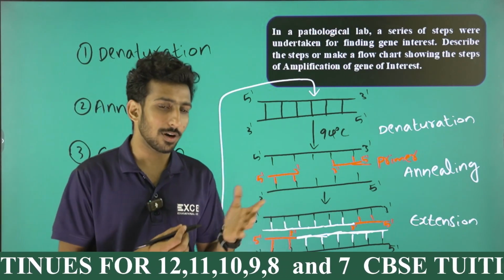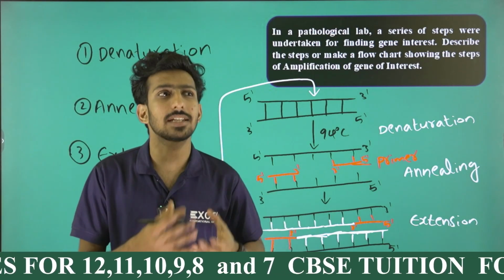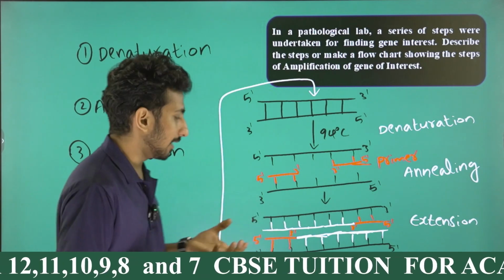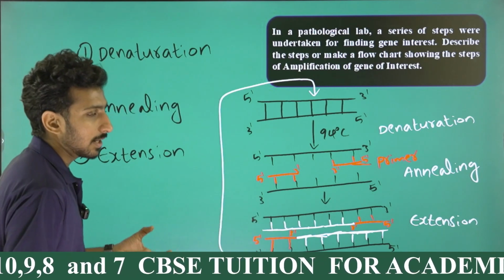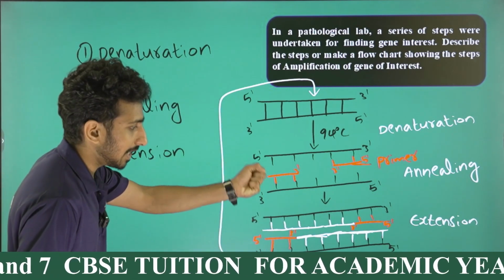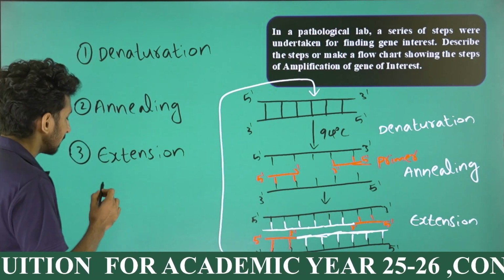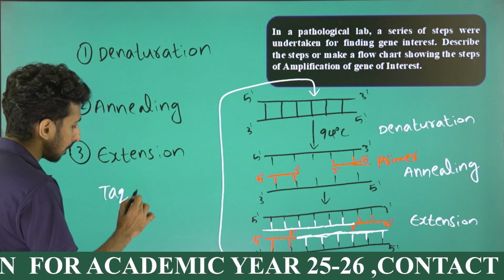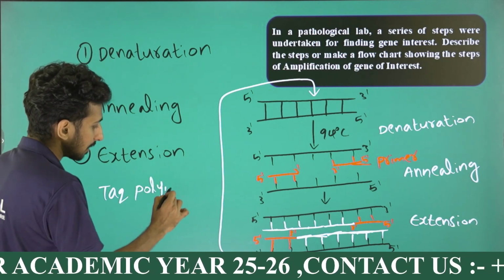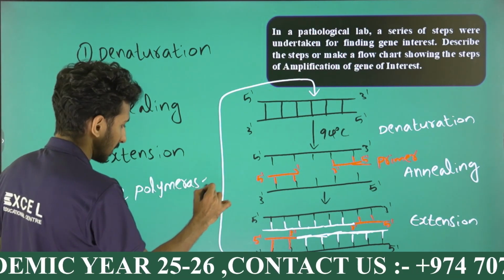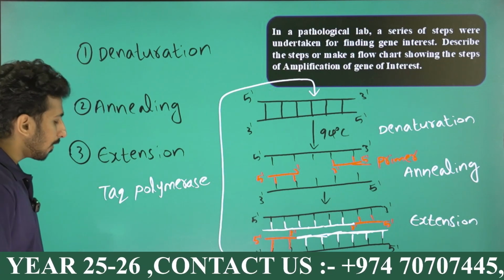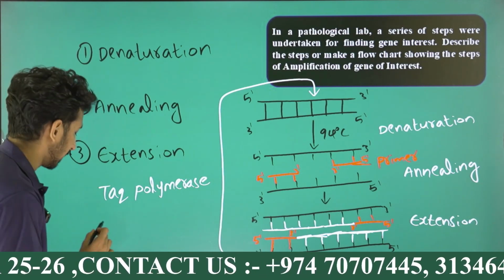Formerly the DNA polymerase enzymes were not heat resistant. Okay, later the scientists invented a thermostable DNA polymerase enzyme. That is called Taq polymerase. The full form of Taq is Thermus aquaticus.